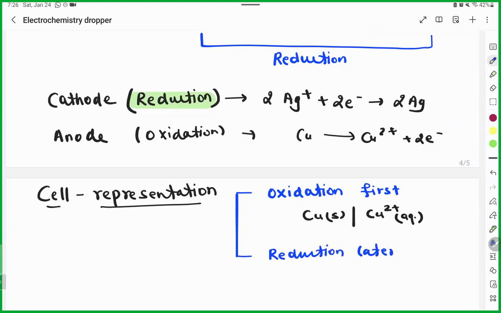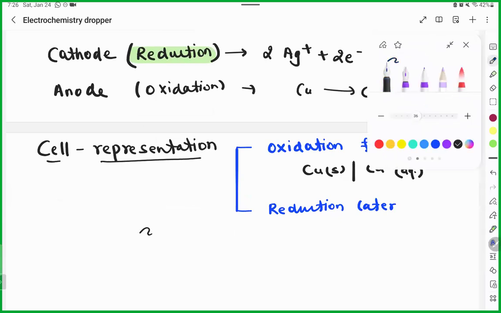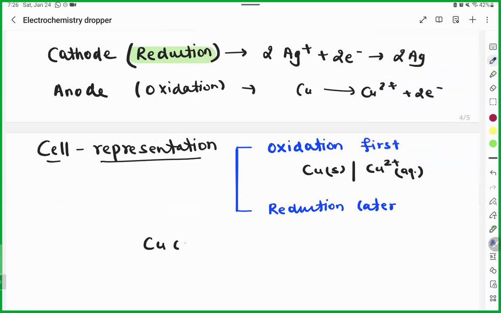Then reduction later, you know silver undergoes reduction. So how will you write this whole reaction? Copper in the solid form will convert into copper 2 positive aqueous form, then double line. Double line means salt bridge. You are talking about this?